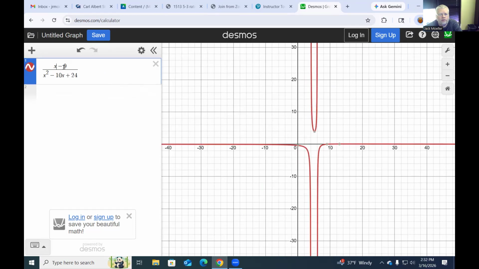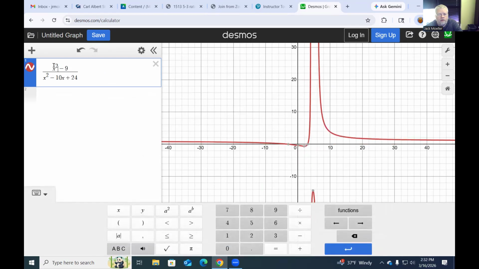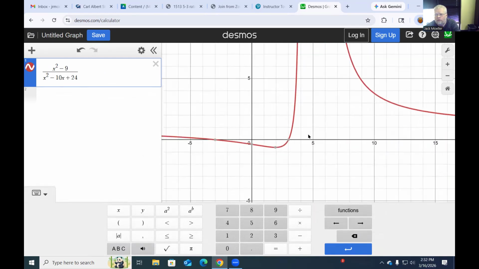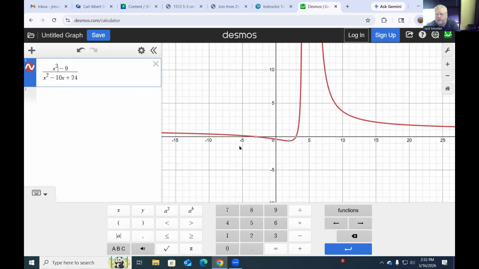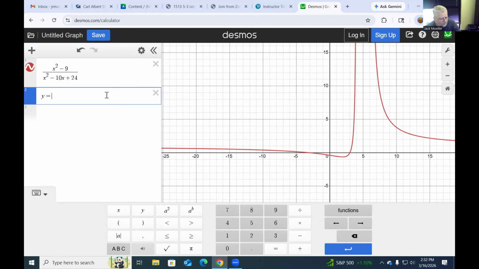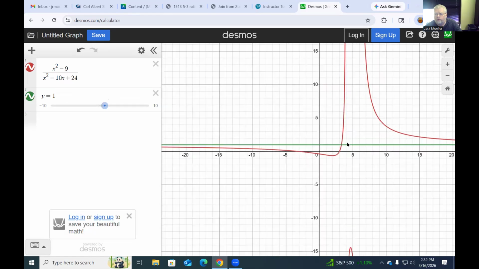But let's make this x squared. If we make it x squared, now the degrees are the same. Okay, and so then you look at the coefficients. Well, that's 1x squared divided by 1x squared, which is 1. And so now, if you do a horizontal line, let me draw in that horizontal line. So there's y equals 1.